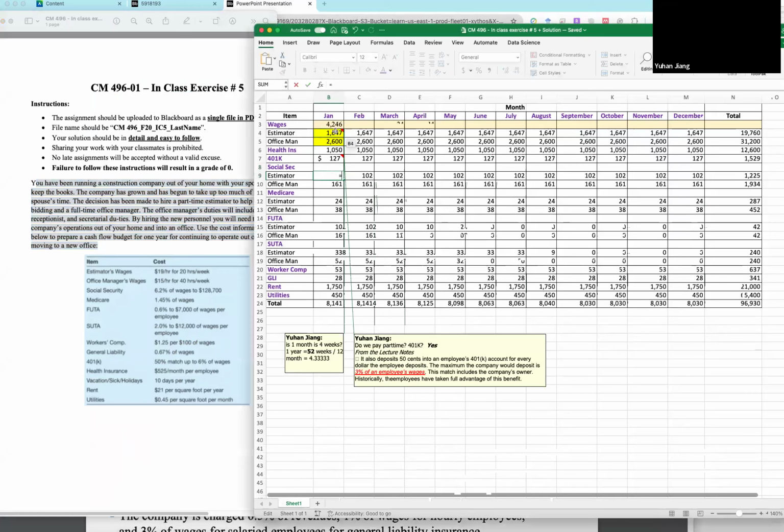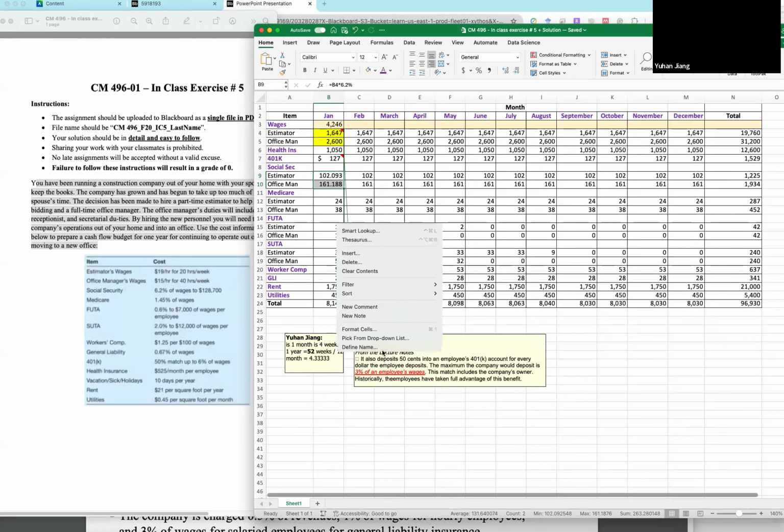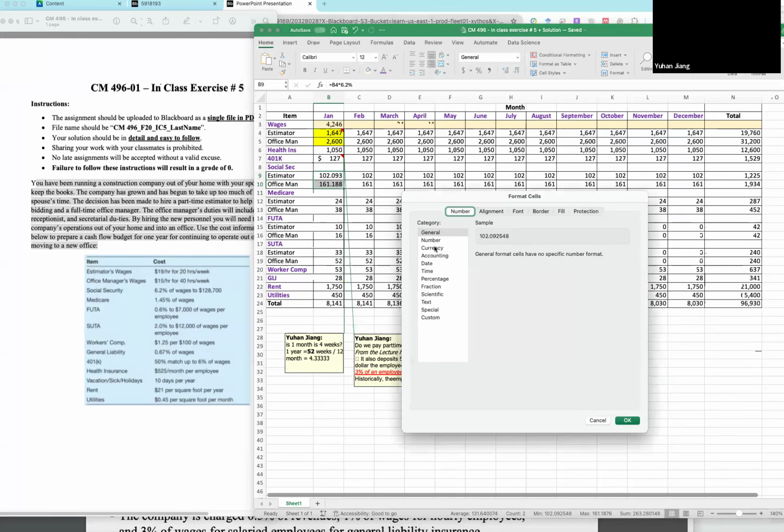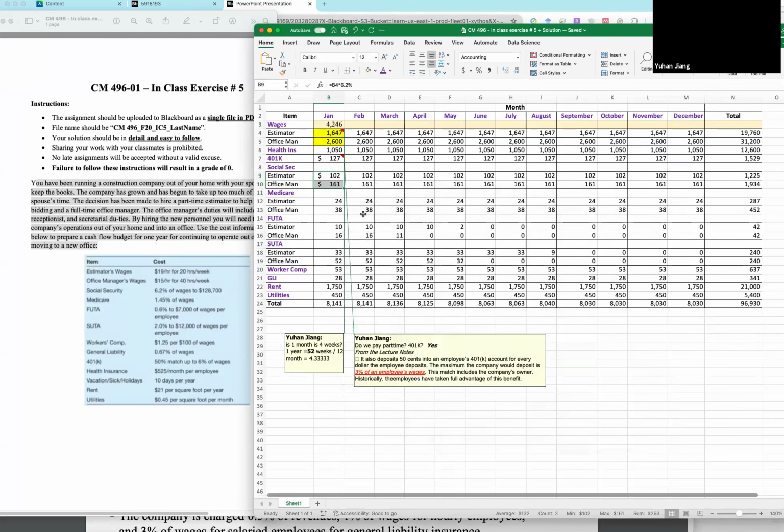This will be the estimator times 6.2 percent, and the officer times 6.2 percent. Get these 2 numbers. Again, we are going to use the accounting format with the decimal place to update this one.